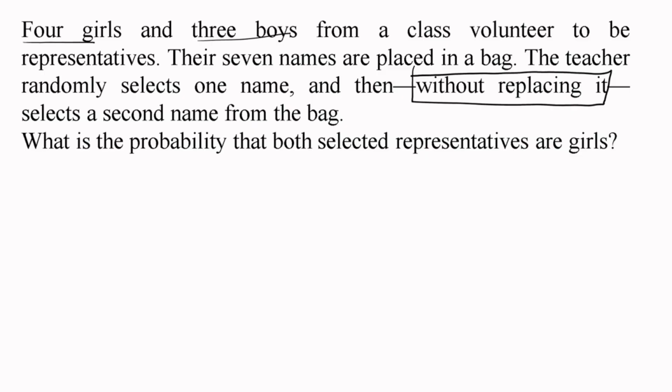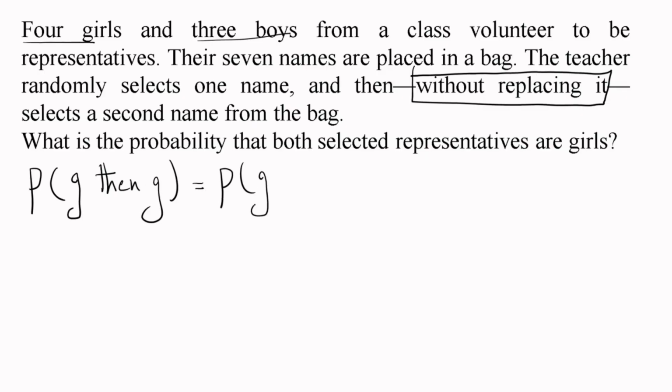What is the probability that both selected representatives are girls? So I want to find the probability of girl, then girl. So it's going to be P of G times P of G after G.